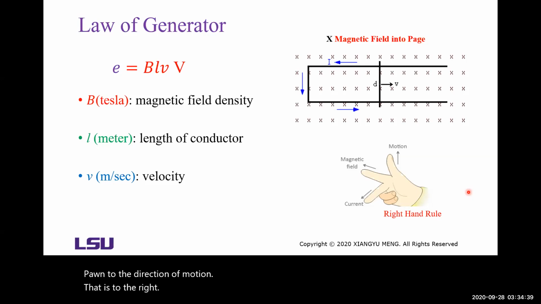Then the cross means magnetic field into the page. That is where your forefinger is pointing. Then your middle finger is pointing to the direction of current. That will be upward.